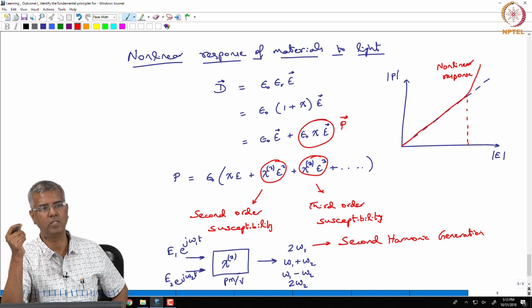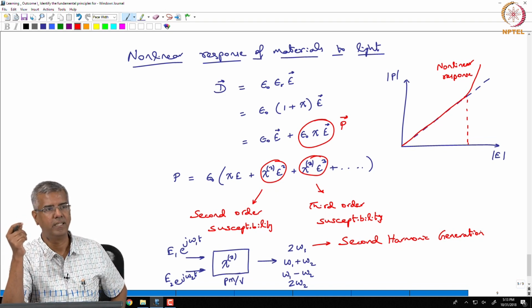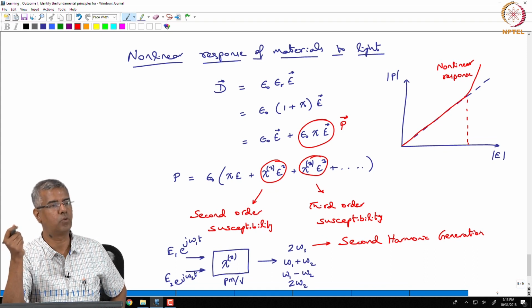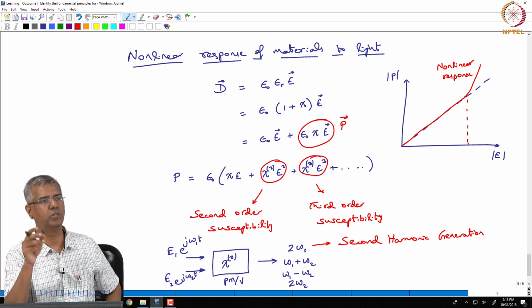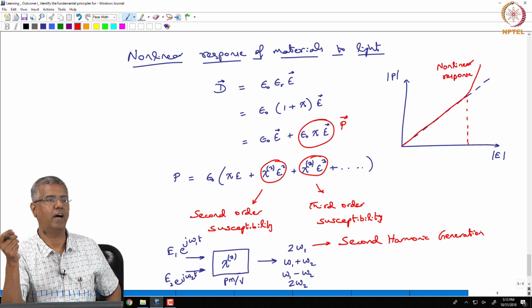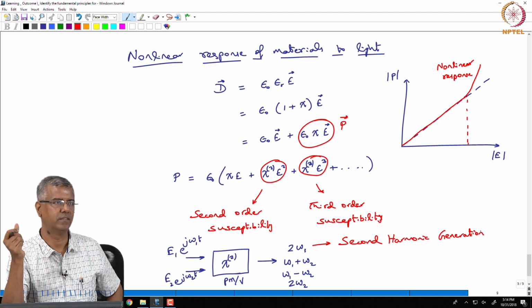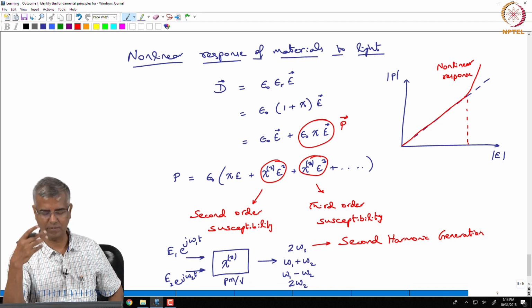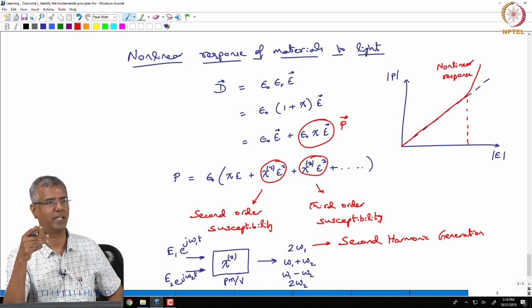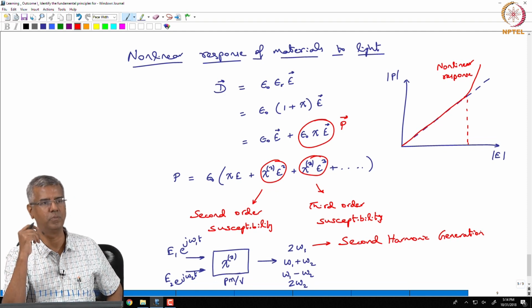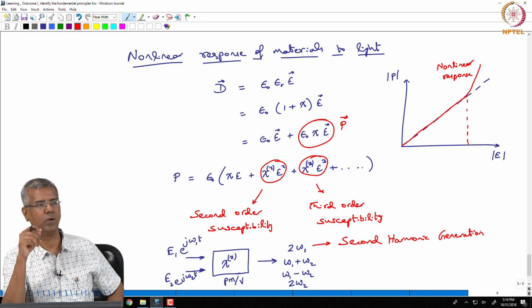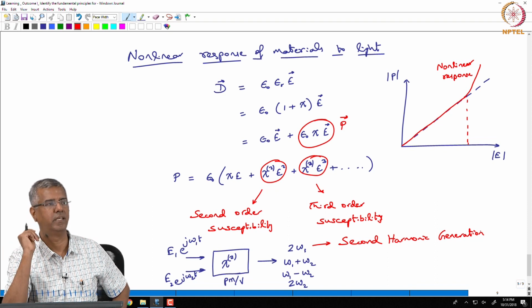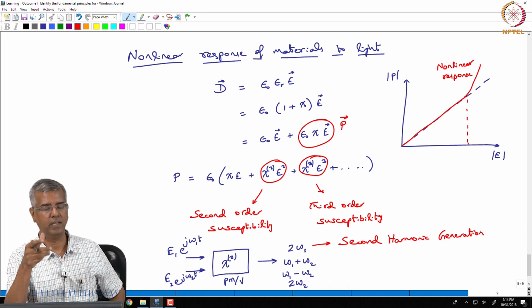So, now you have the possibility of converting a laser, let us say with 1 micron wavelength, that is going through this medium, you can actually have half a micron come out of that, okay. How it happens and all of that, we'll go into details later on, but that's what is possible through this medium. 2 photons, 2 electric fields at ω1, they beat with each other and they create second harmonic generation. And that's what you have in your laser pointer.